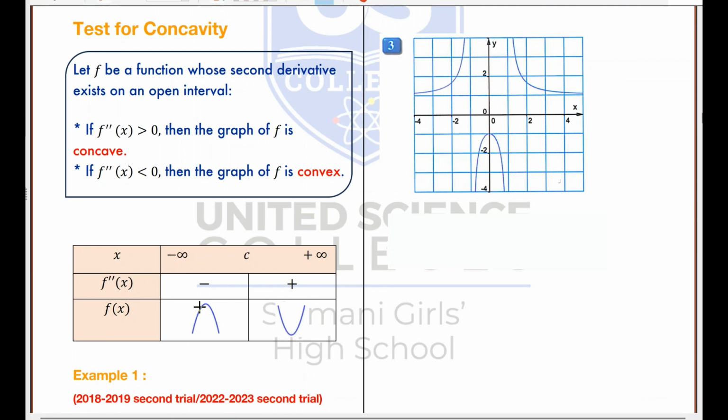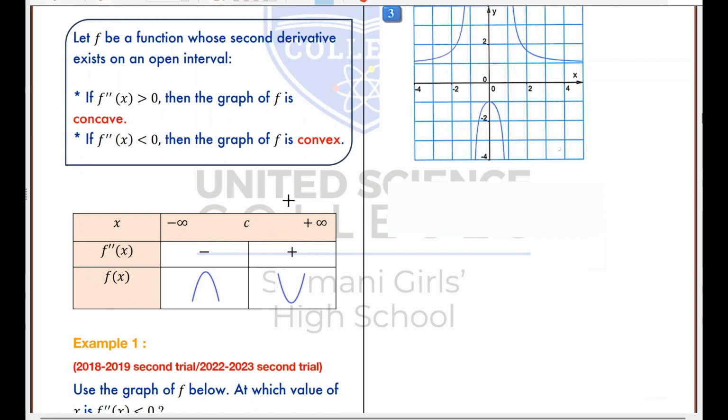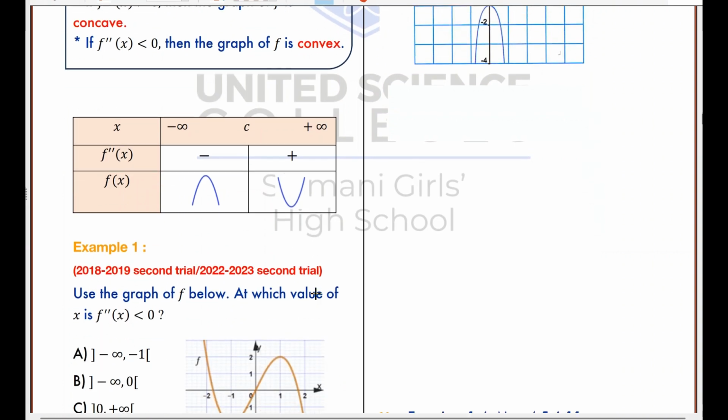Convex opens down, concave opens up. So we are going to be using this table a lot to solve questions. This table is called the second derivative test. We're going to make a table of variations and figure out the regions in which the function is concave and convex.